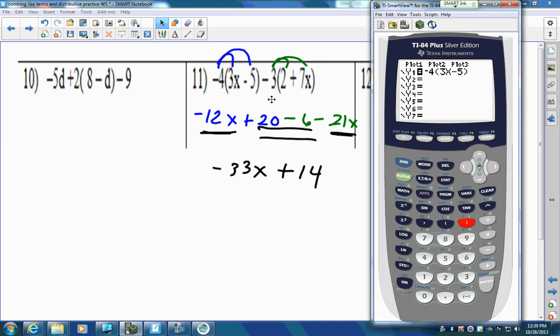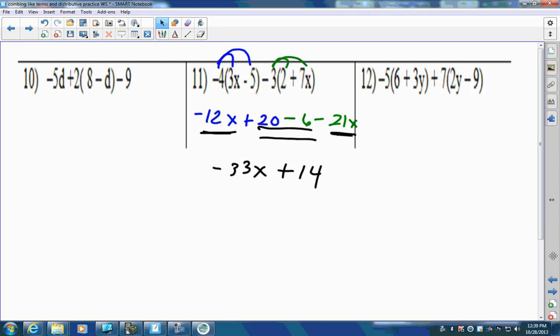And then this is in between things, so again, it's a minus sign, 3, parentheses, 2 plus 7x. Now, you have to realize that the only time you use the negative is when it's right out front of everything. In between terms, it's the minus sign over here on the side. So now down here for my answer, I have negative 33x plus 14. And then you can check it.